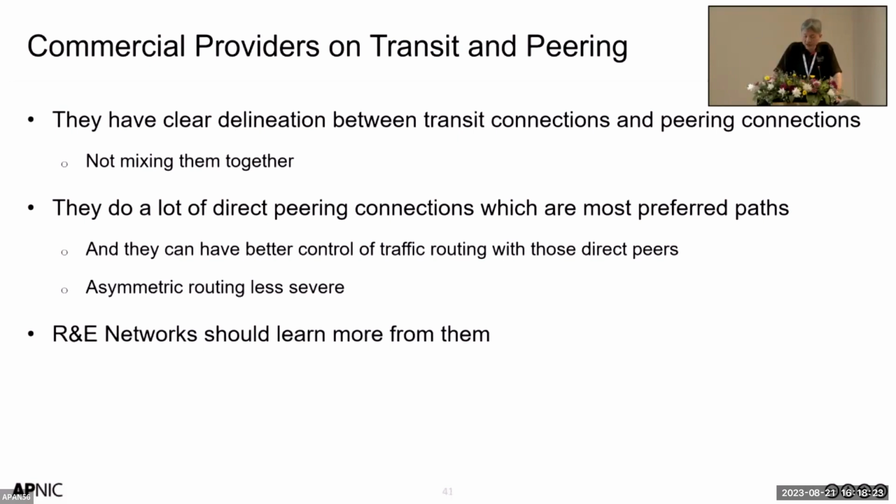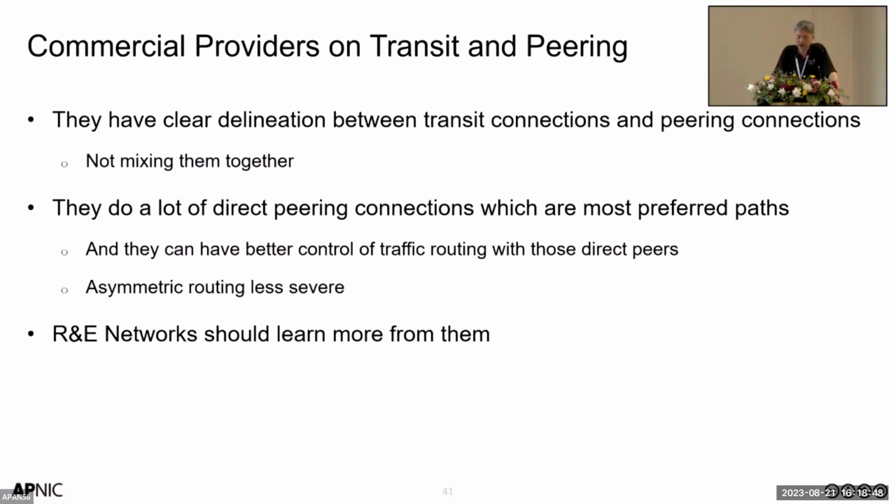Commercial providers actually care more about transit and peering. They have a clear delineation between transit connections and peering connections. They won't mix them together. So this connection is about transit, this connection is for peering. They won't mix things together. And they would do a lot of direct peerings, maybe private peering, maybe over the IX.